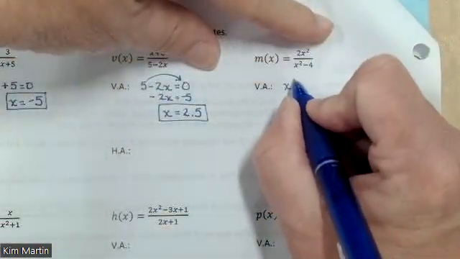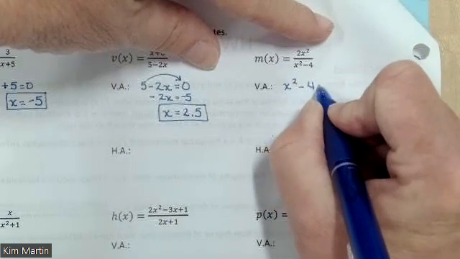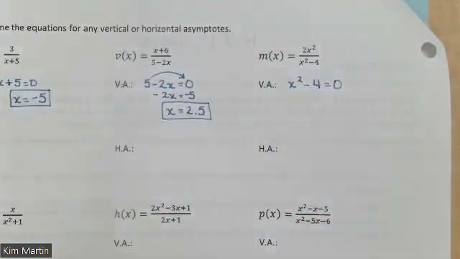You still take x squared minus 4 equals 0. And now you solve that. You can solve this 2 different ways. You can factor it, or you can use the square root method. I don't care.